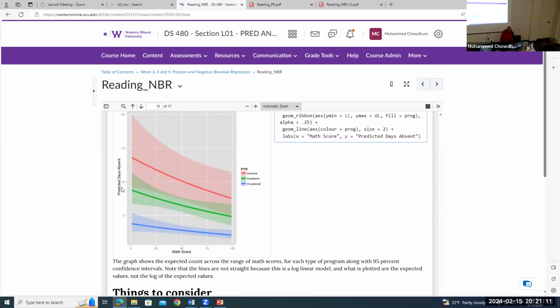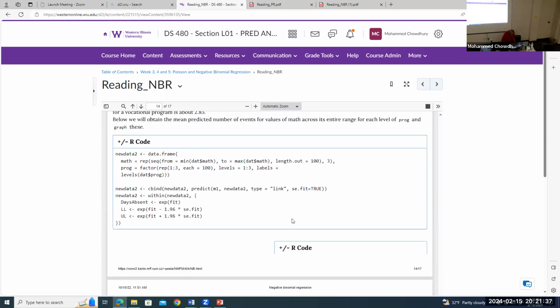So this predicted days absent is the expected log count, something like this. Would it be expected log count or expected count? Okay, that depends. That depends on the situation. Like in the original regression model, how are you putting all of this? Let me see what is written.